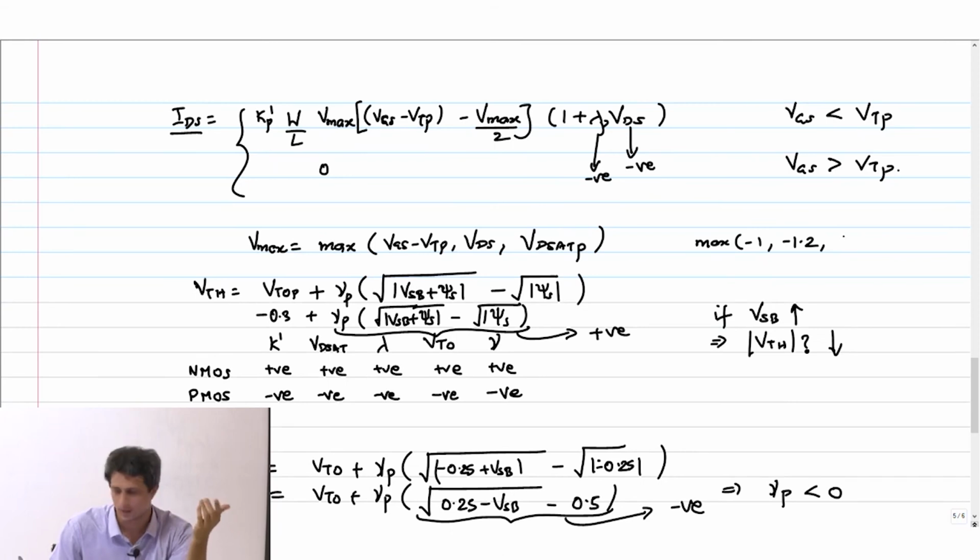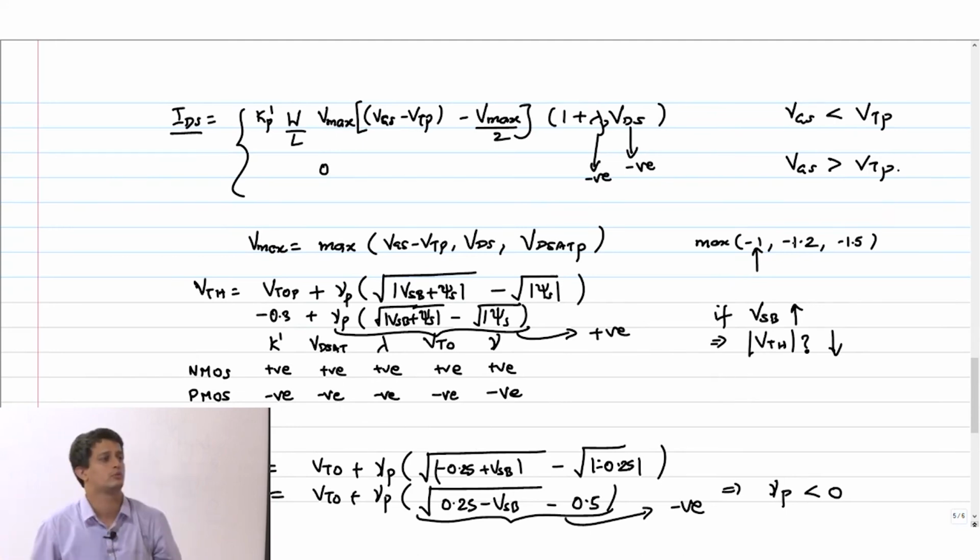VGS minus VT, right? Which is the maximum in this? That's the value that you have to take. Or you have to do min of mod of all these values, but I think that is actually very dangerous. Better deal with actual numbers.